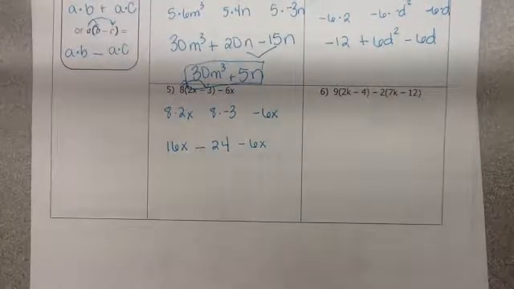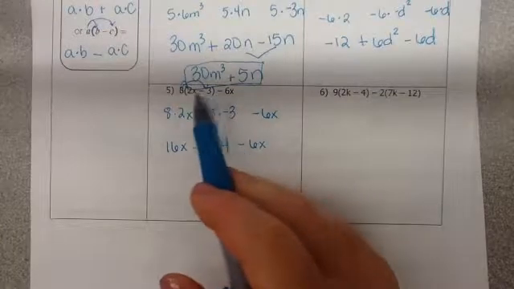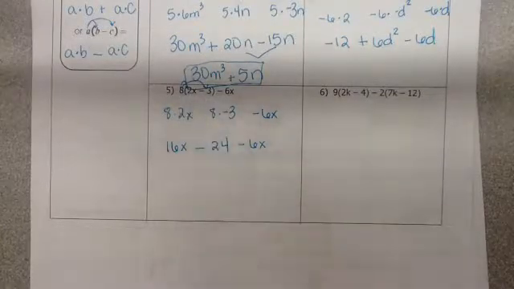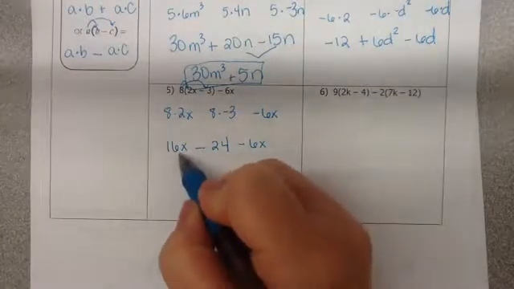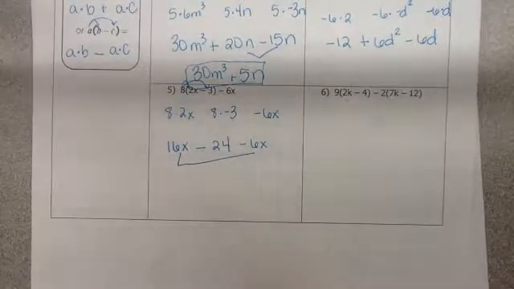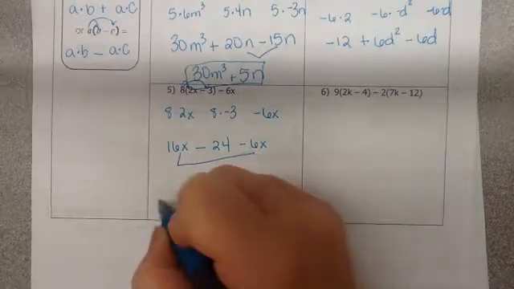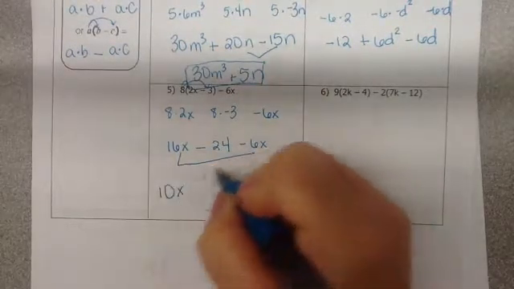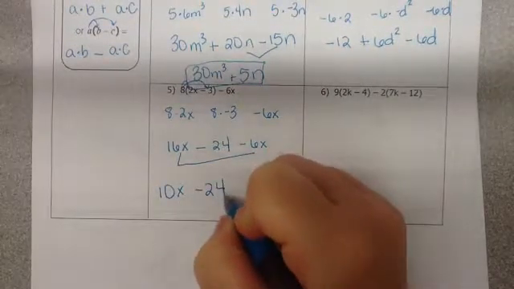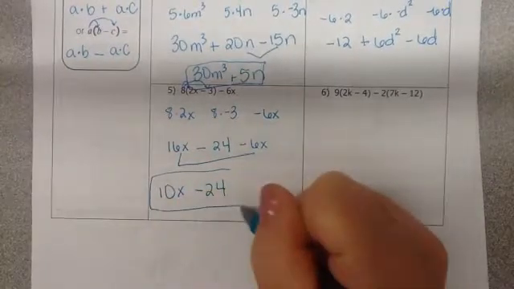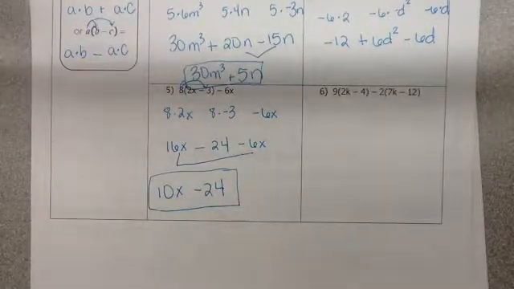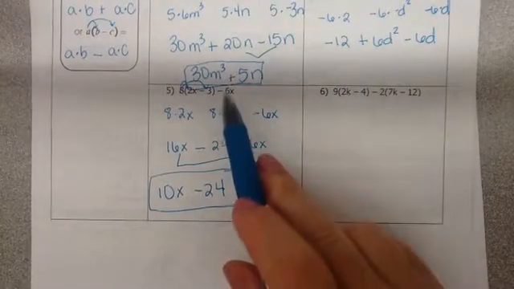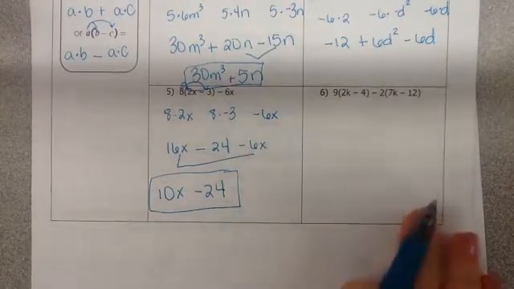Now that I have those parentheses gone, now I can combine like terms. I could not combine before because these pieces had to be distributed first. So if I combine the x's, 16x and negative 6x make 10x minus 24 is your final answer. So distribute and then combine any extra pieces at the end.